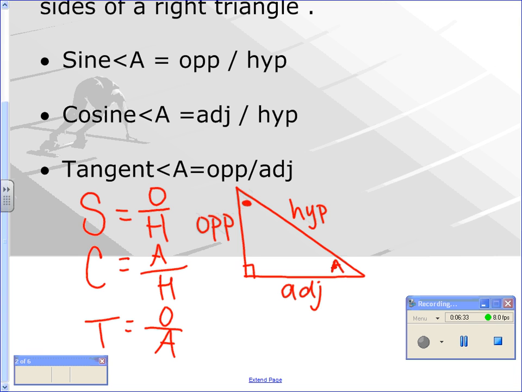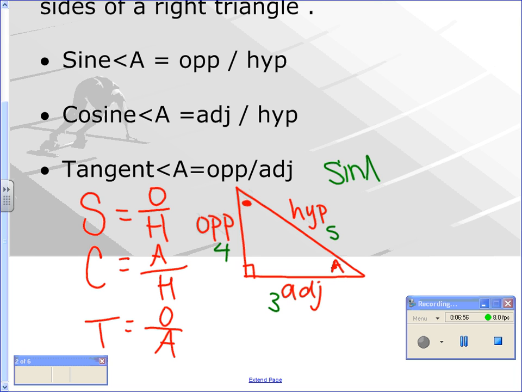let's make up some numbers. 3, 4, and 5. What would be the sine of this angle? Sine is opposite over hypotenuse.